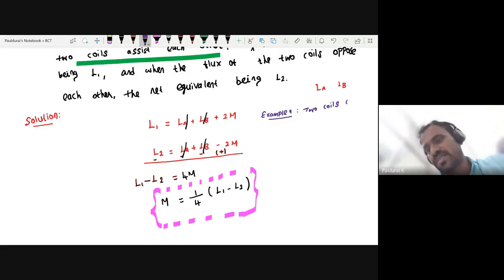Example 4. Okay, 2 coils. Take this fourth problem. If you give the answer, then the third problem is understood by you.